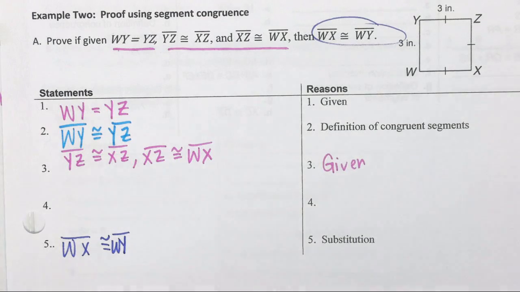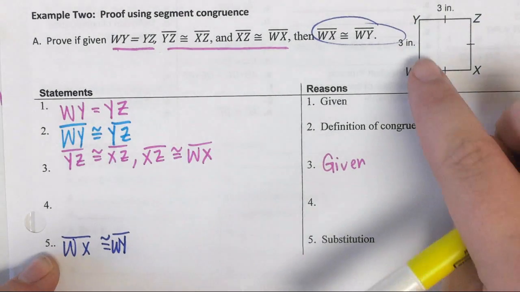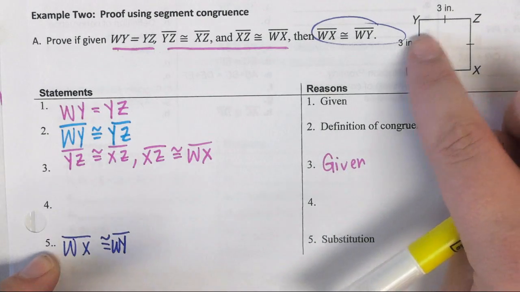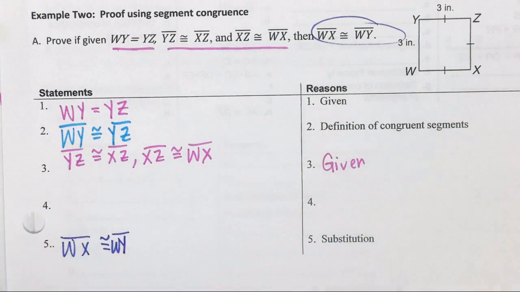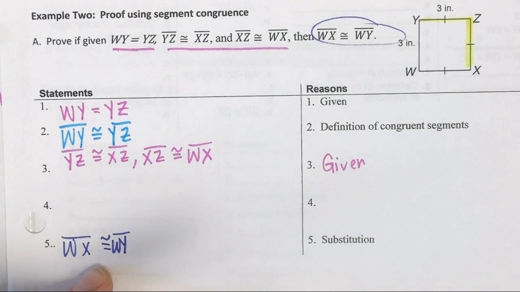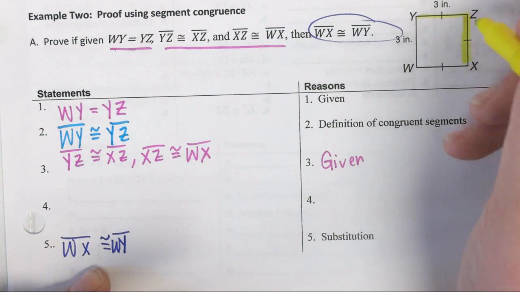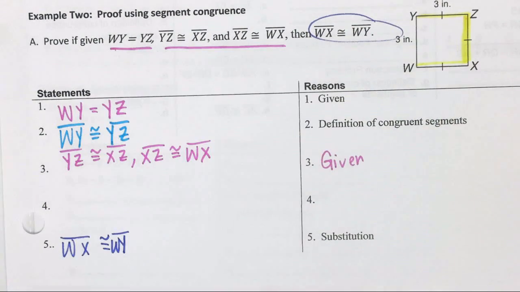So back to the given, it says prove, if given WY is equal to YZ. And we know that, look, they both have 3 on them. So they're both length 3. We know that YZ is congruent to XZ, hence why they have the 1 dashes. We know that XZ is congruent to XW, hence why they have 1 dashes.